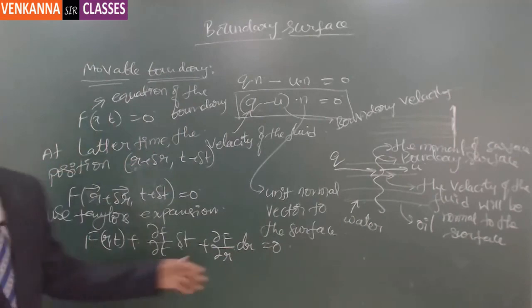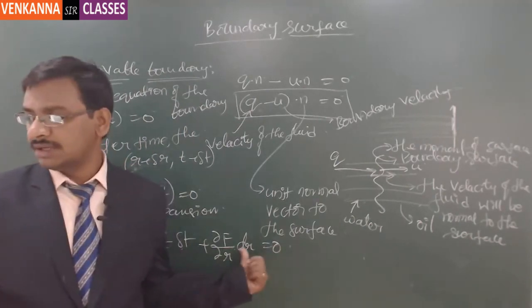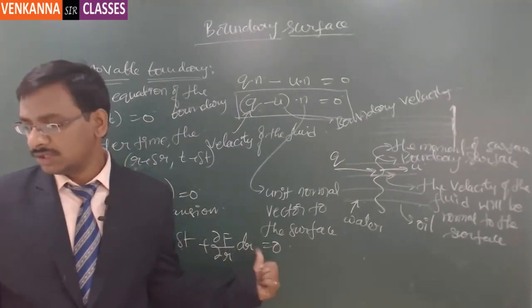Here r is a vector, so be aware. Higher order terms you can neglect because dr and dt will be almost tending to 0.